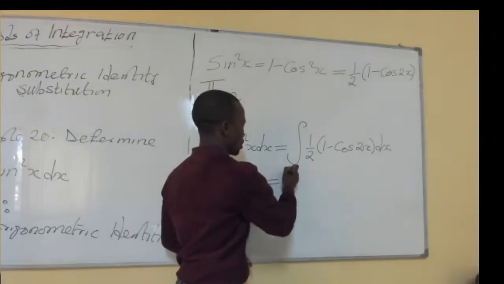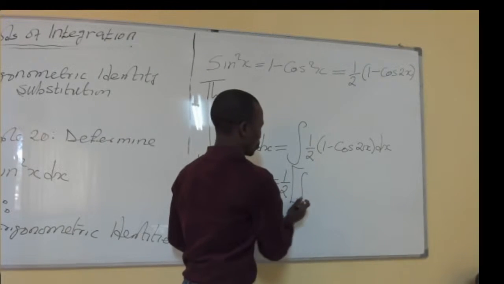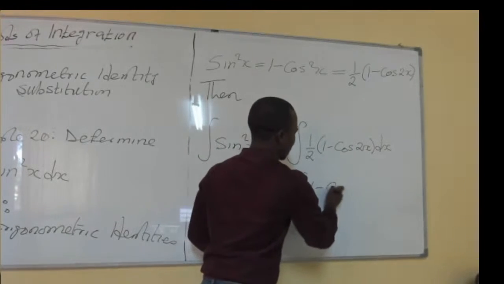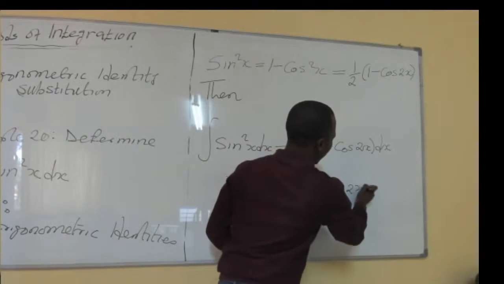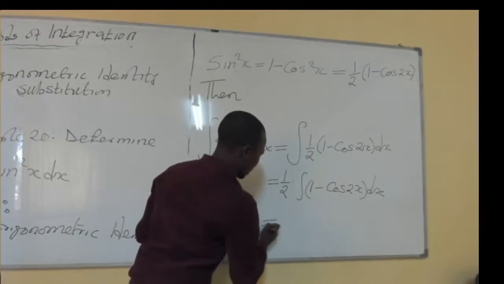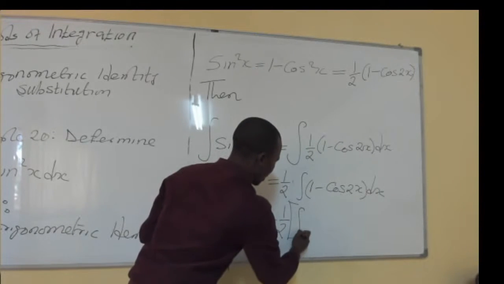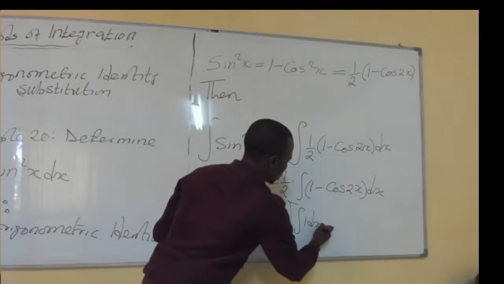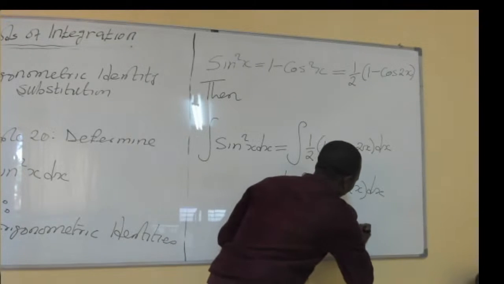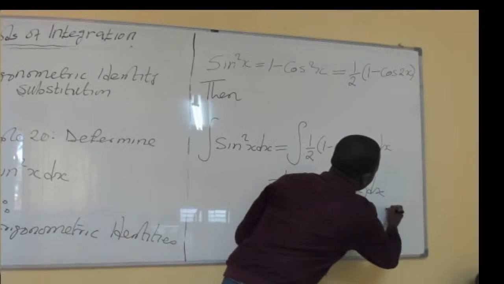This is just equal to 1 over 2 multiplied by the integral of (1 minus the cosine of 2x) with respect to x, which is the same as 1 over 2, then in brackets, the integral of 1 dx minus, using the linearity properties, the integral of cosine of 2x dx.